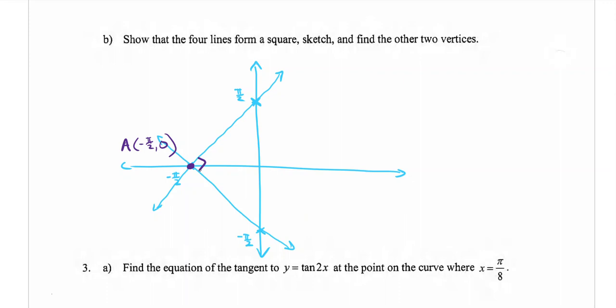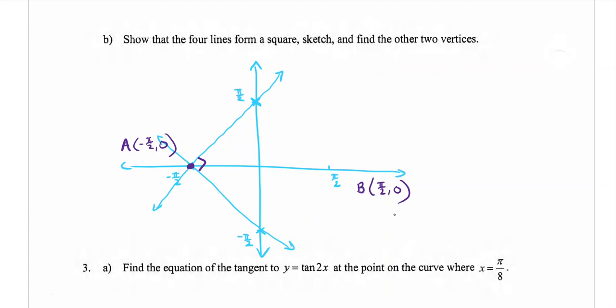Now we move over to point B, which was the point pi over 2, 0. So B is pi over 2, comma 0. The equation of my tangent was negative x, so a negative 1 gradient, plus pi on 2.